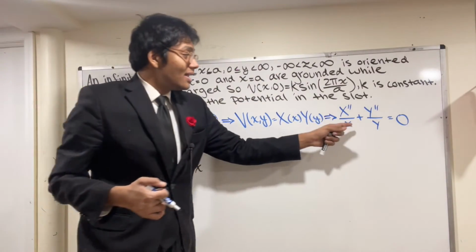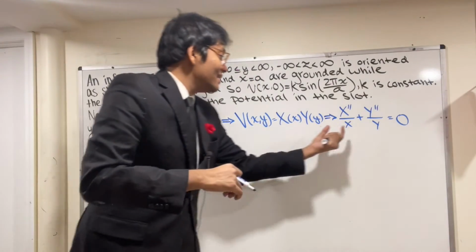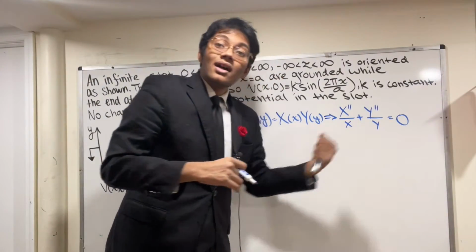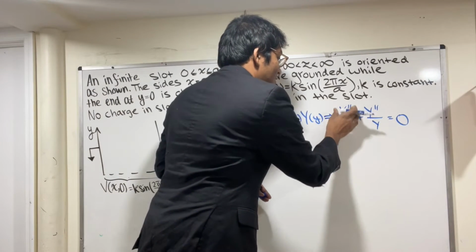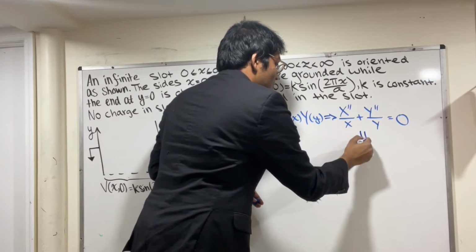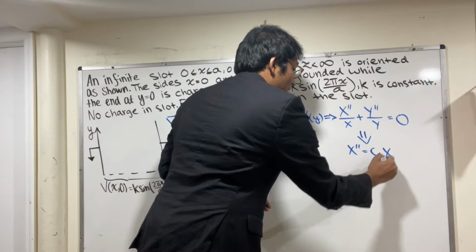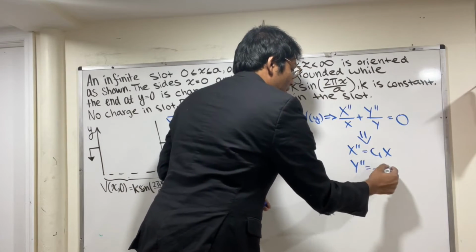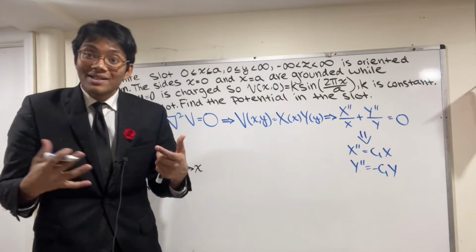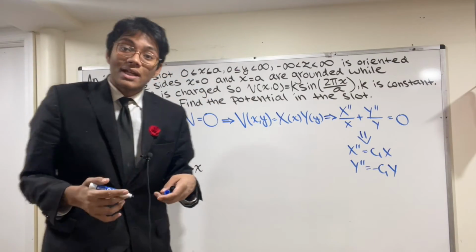And so after we got this, there's only one conclusion to be had, and that is that these 2 guys are constants, right? And so if they're constants, that means that X double prime is some constant times X, and Y double prime is minus that same constant times Y. But that means x and y are either exponentials or sinusoidals.